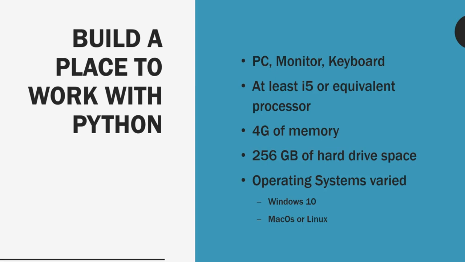It will be good if you have 4 gigabytes of memory and 256 gigabytes of hard drive space. When we install the operating systems, I'm going to be going through the instructions for both the Windows system and also the Mac OS or Linux system. However, I will be mainly using Windows 10 on my system.